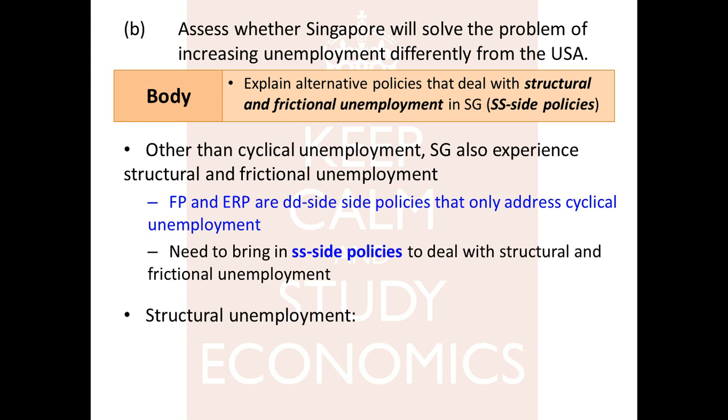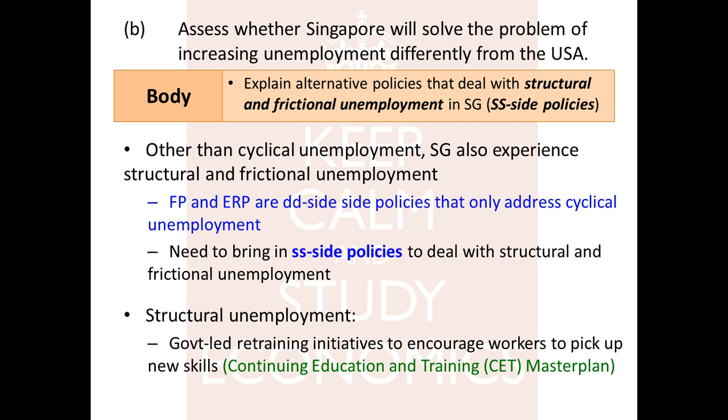Okay, now let us take a look at structural unemployment first. So what are the usual solutions to structural unemployment? Okay, very simple, retraining. Now remember, structural unemployment, we say that there is a skills mismatch between the workers' skills and the skills that are demanded by the economy. So how do you overcome this skills mismatch?